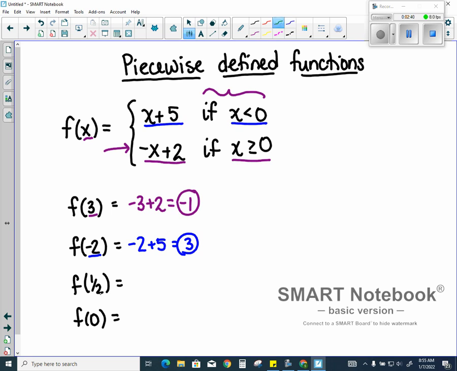If I'm trying to find f of 1/2, I think about 1/2 and say, well, 1/2 is greater than 0. And so I plug it in to this expression and only that expression. -1/2 plus 2 is 3/2. Okay, so when 1/2 goes into my function, 3/2 is what comes out.